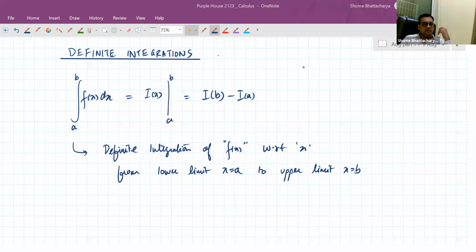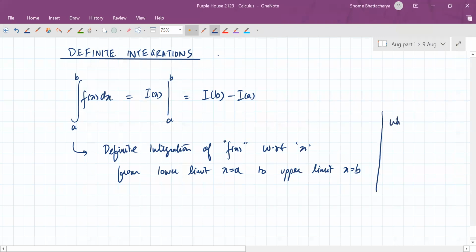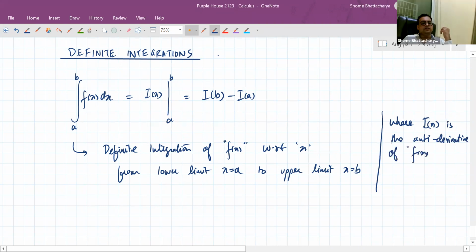Yes. And here a and b are constants or variables? They are constants, beta. They're numbers. Okay. Constants. So it is the antiderivative of f(x).